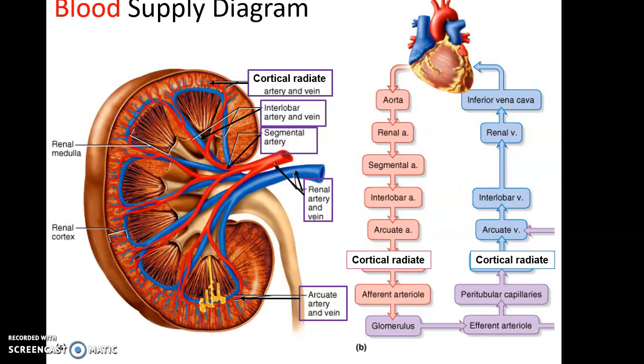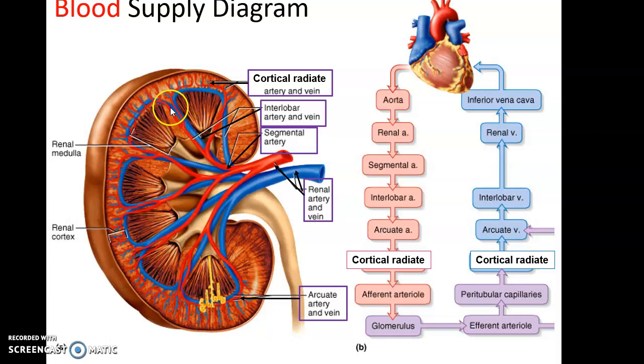Then, of course, blood flow is very important for the functions of the kidney, since the kidney is removing wastes from the bloodstream as well as maintaining the proper composition of blood. So the way it goes is blood arrives via the renal artery. Renal artery then splits into the segmental arteries. Segmental arteries split into the interlobar arteries.